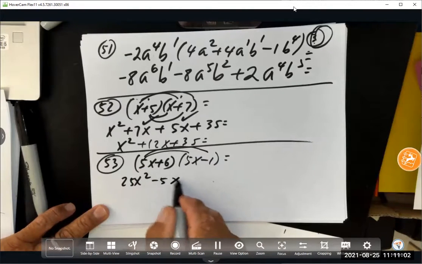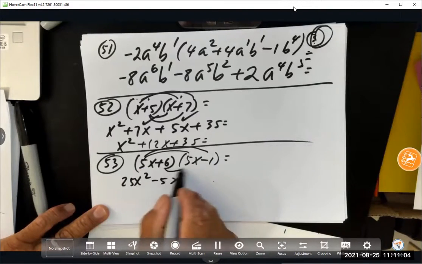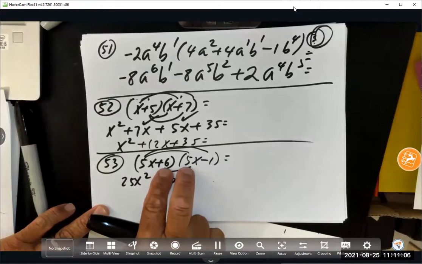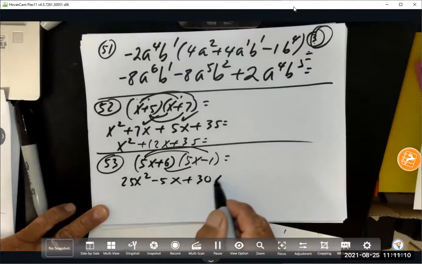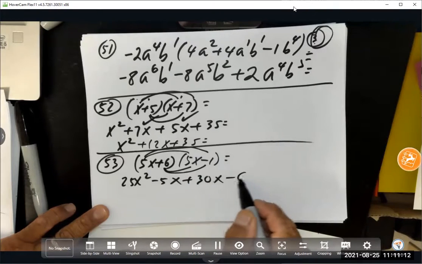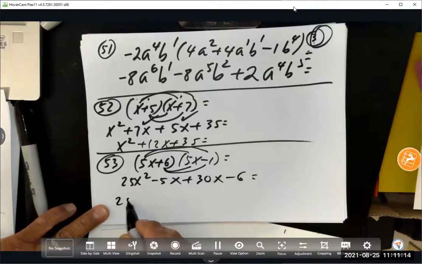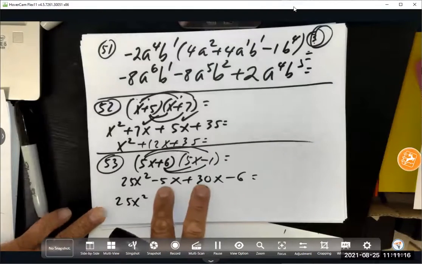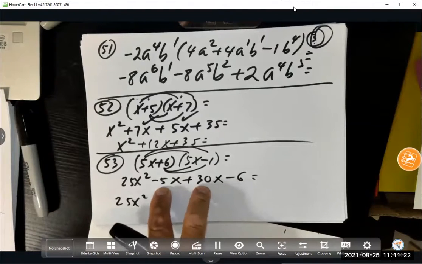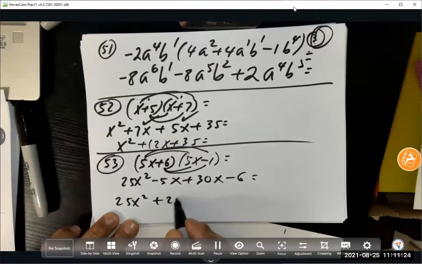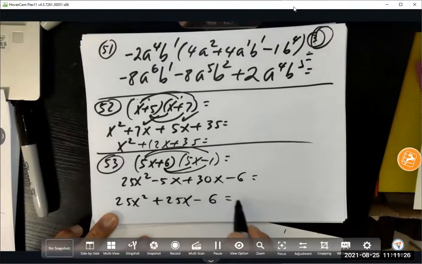And what's 6 times 5x? 30x. And 6 times negative 1 is negative 6. So we have 25x squared. Now, these two numbers right here where my fingers are, what do you think 30x minus 5x is? Plus 25x. There you go. Minus 6.